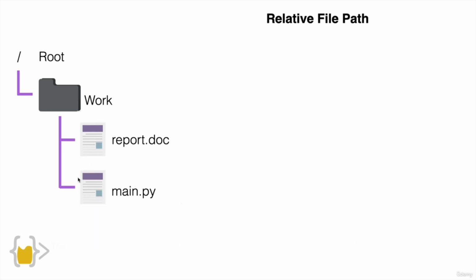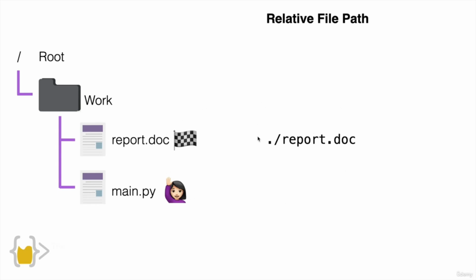Now, what we've been doing is we've been writing code inside our main.py. And that main.py has usually been inside some sort of project folder. When we're trying to get hold of a file, this is basically where we are at. So our working directory is the work folder. So that means if we wanted to get access to this report.doc file from our main.py, all we need to do is write /report.doc because we're working within the same directory and we're just getting hold of this file.